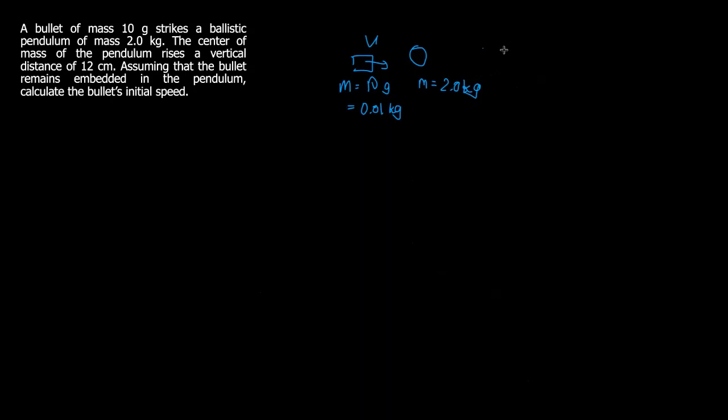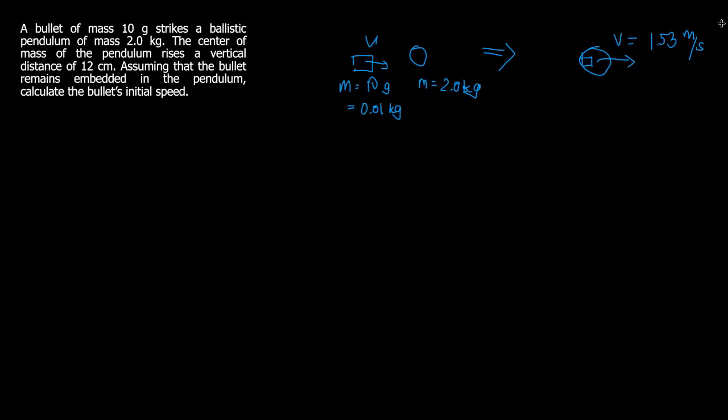After embedding, they collide in an inelastic collision, which we will discuss later on. The bullet embedded and they now have a velocity V, which we computed as 1.53 meters per second. That is after the collision.